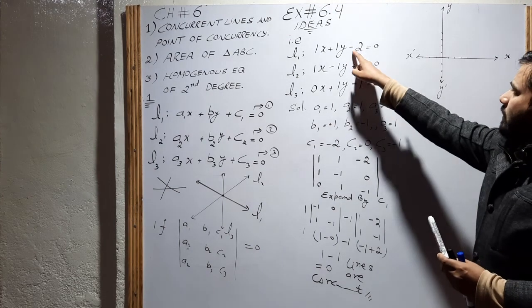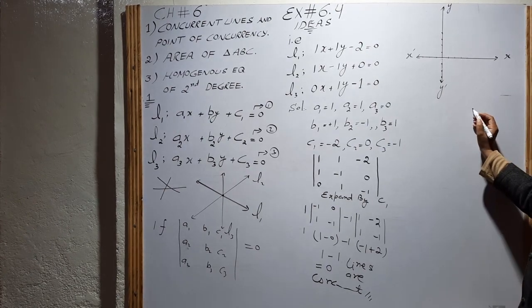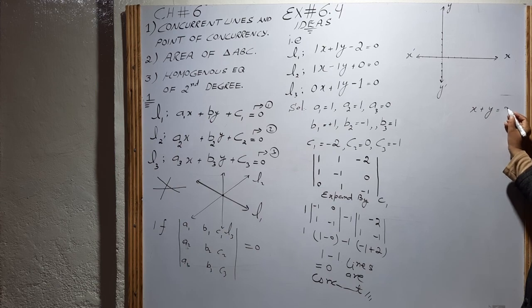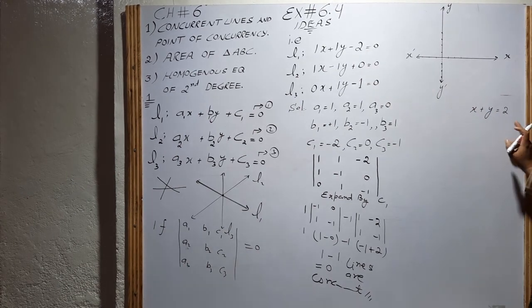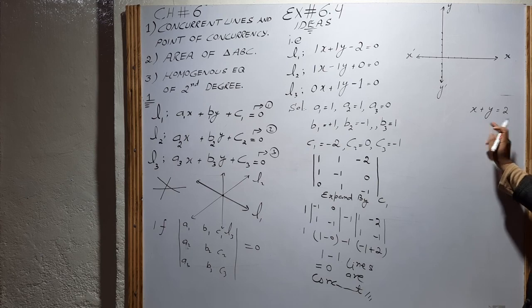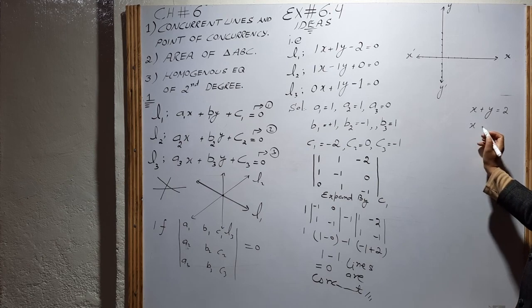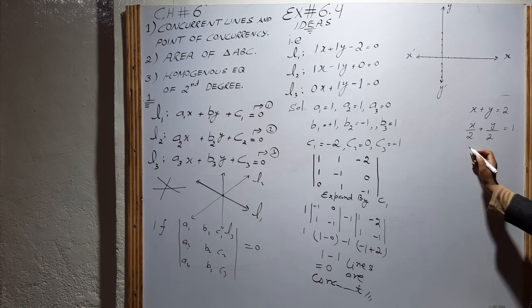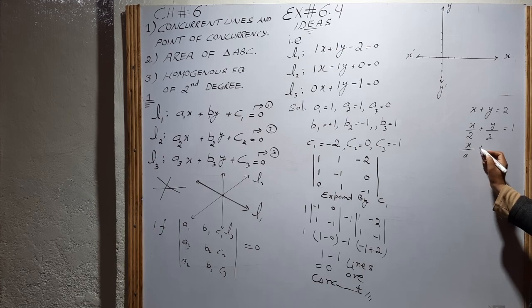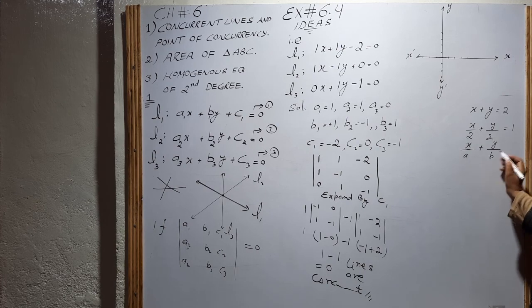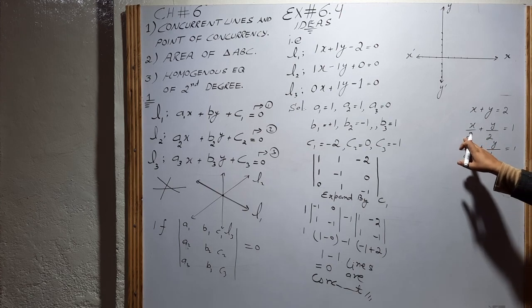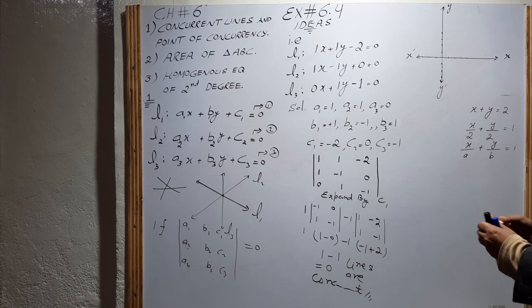For example, line number 1 can be written as x plus y is equal to 2. Convert into two-intercept form so we can easily draw the graph of this line: x over 2 plus y over 2 is equal to 1. It is x over a plus y over b is equal to 1, the two-intercept form. On the x axis, how many units are there? 2 units.